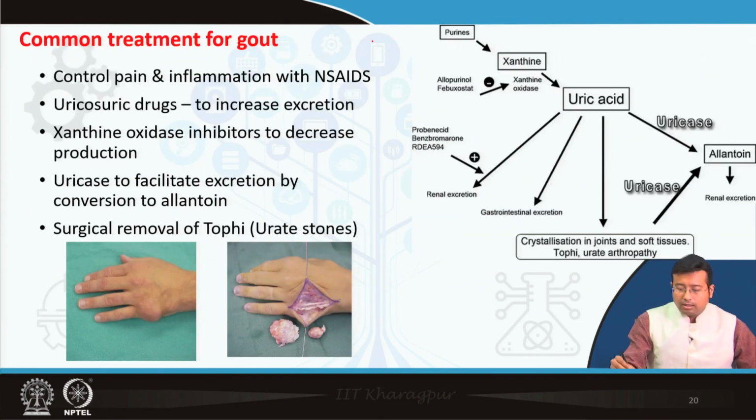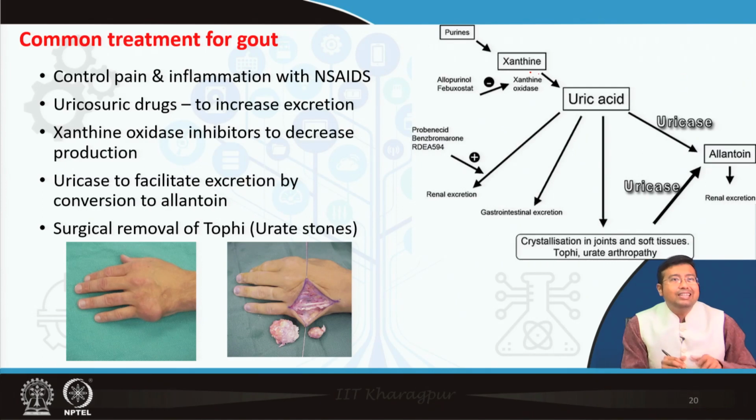Other than treatment with these xanthine oxidase inhibitors, you can see there is also another inhibitor, febuxostat. So, why have we got 2 drugs? Febuxostat was discovered much later, because allopurinol has high renal clearance and febuxostat has high hepatic clearance.